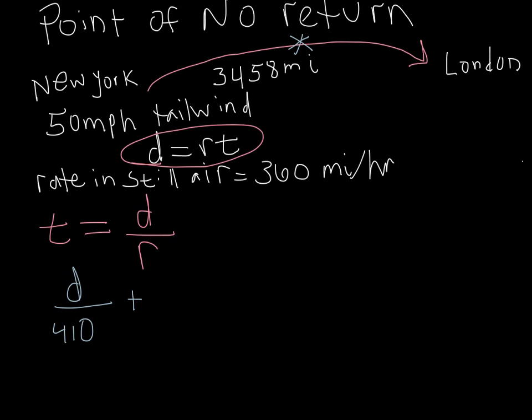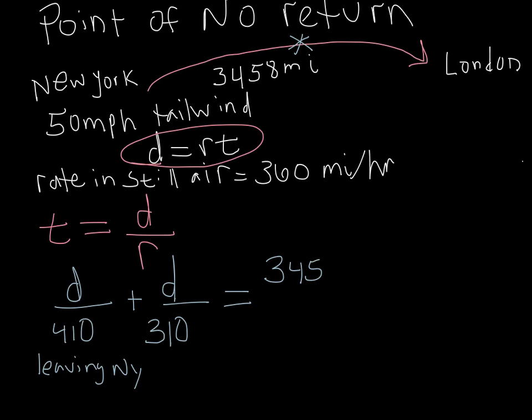So this is leaving New York, plus, if I take that same distance and turn around and go back, now I have a headwind and that means I go slower. So this time is equal to the same as traveling the full way, the full time, with the tailwind of 410 miles per hour.